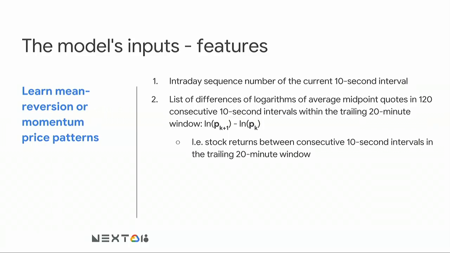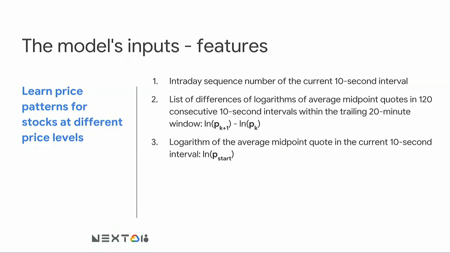Then we want to capture mean reversion or momentum price patterns. And for this, we're going to be using a list of differences of logarithms of average midpoint quotes in the last 120 10-second intervals. So essentially what this means, this long sentence, is that we're looking at returns between consecutive 10-second intervals for the trailing 20-minute window. And we're using this list as one of the input features.